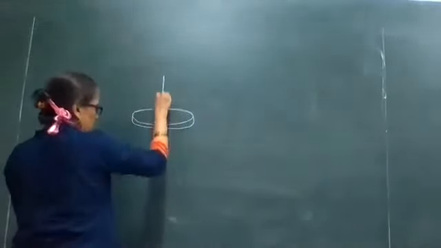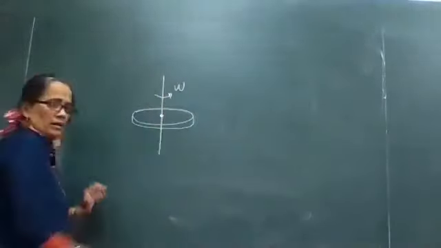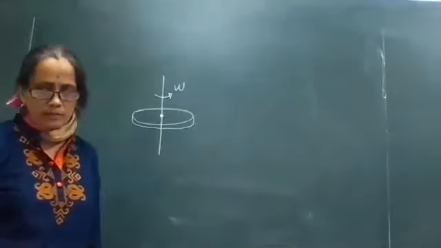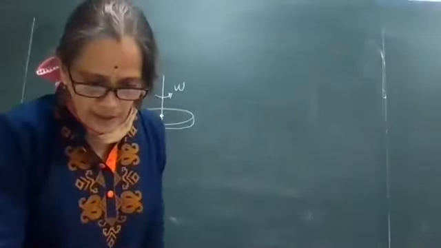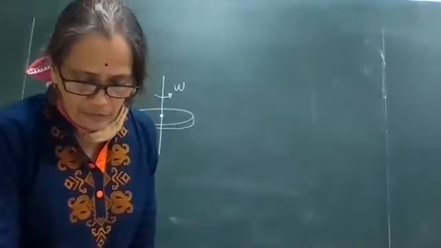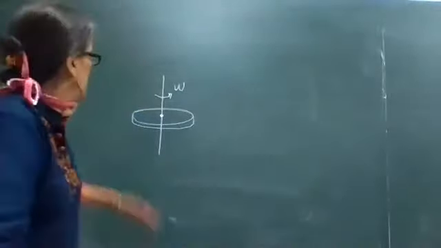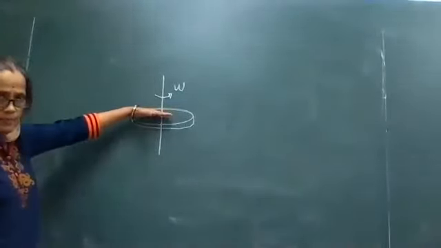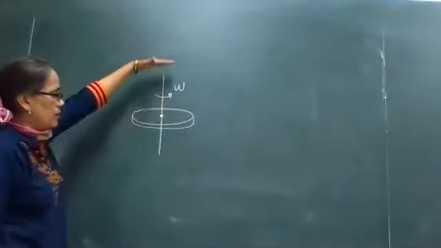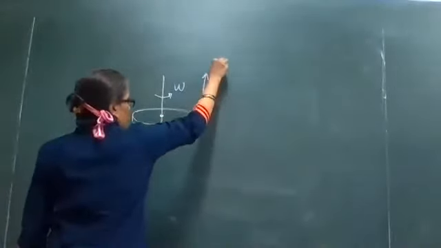This metallic disc is rotating with angular velocity omega about an axis perpendicular to its plane. Fine? And the disc is placed in uniform magnetic field acting perpendicular to the plane of the disc. This is the plane of the disc. Right? And your magnetic field is perpendicular to the plane of the disc, means the direction of magnetic field is here in upward direction.